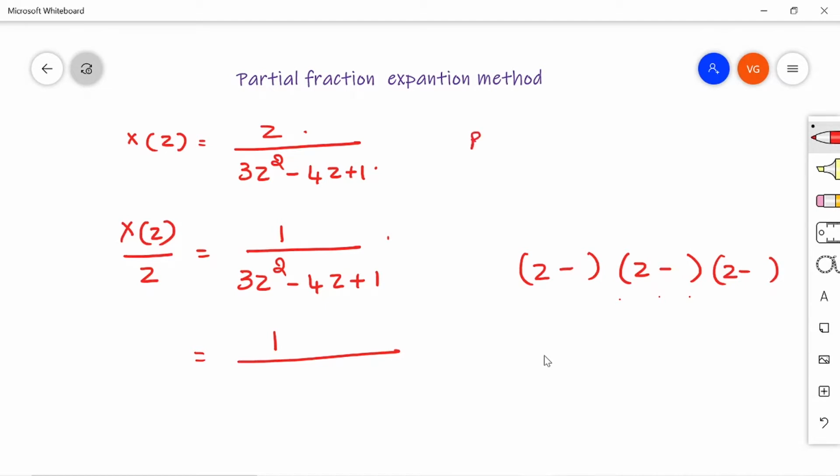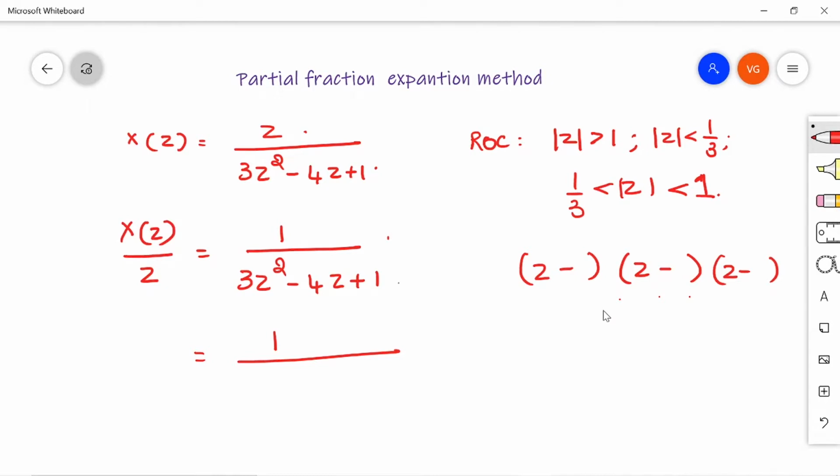Here they have asked you to find out x of n for the given ROC mod z greater than 1, mod z less than 1 by 3, and also mod z greater than 1 by 3 and less than 1. So always remember your denominator should be of this form.